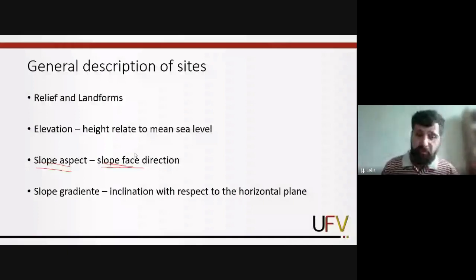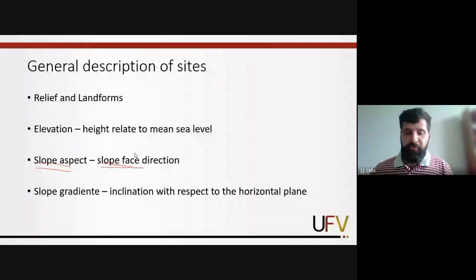And of course, some faces receive more influence of air masses, so they could be more humid than another slope face, and can have deeper soil profiles.